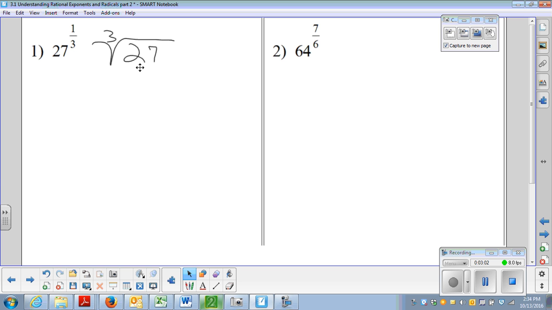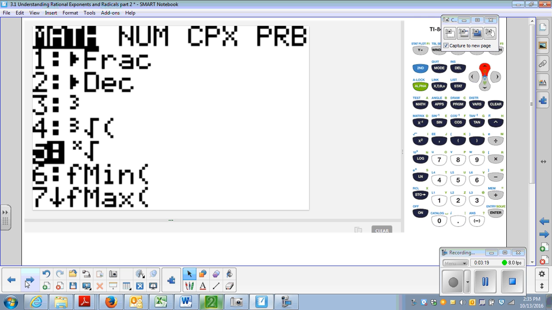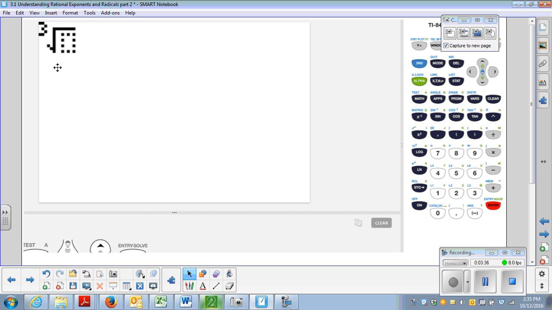Now, I'm about to tell you how to type it in your calculator. The first thing you want to do is, since you start with a cube root, type the number 3. Next, you want to go to Math. Then tab down to 5, where you have the nth root symbol. Then it'll show up similar to this.